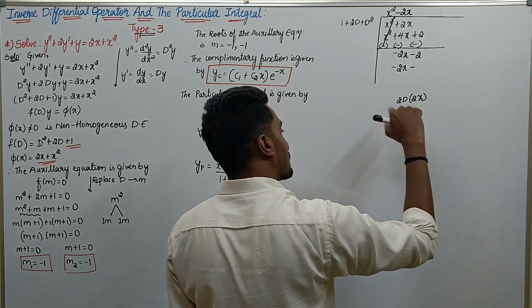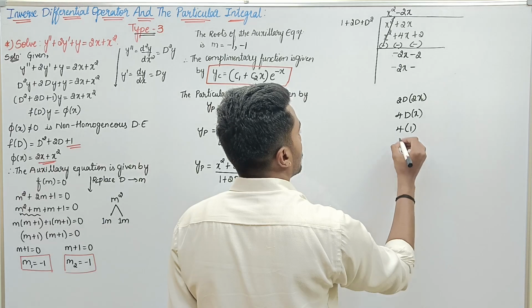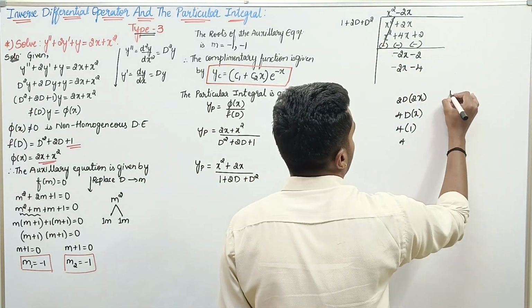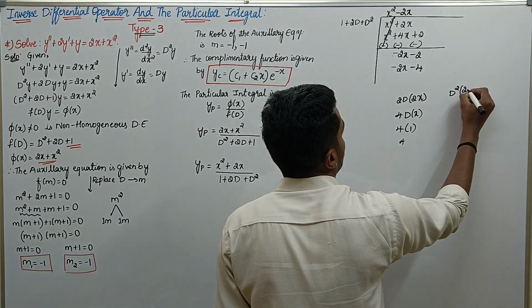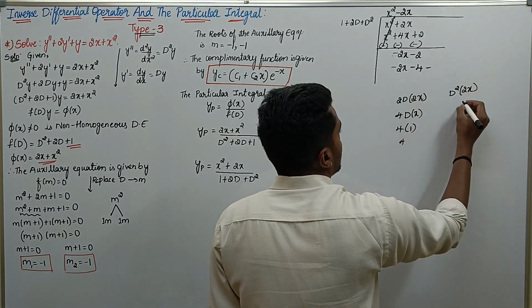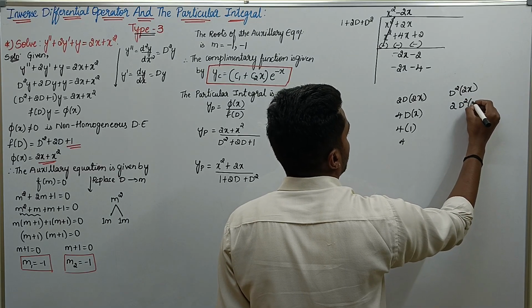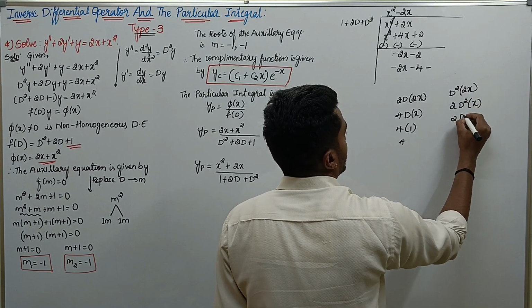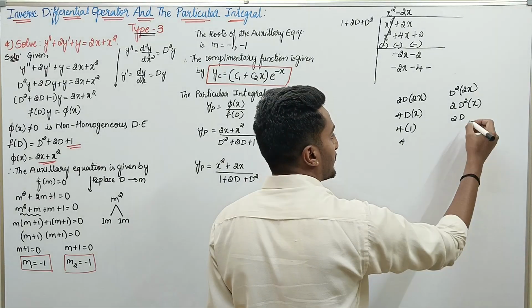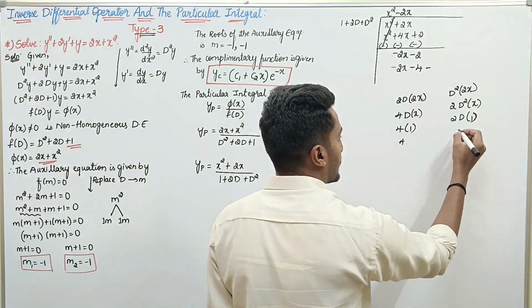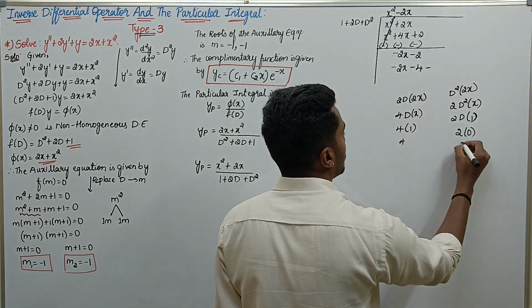Differentiation of x with respect to x is 1. 4 into 1, 4. Now I need to double differentiate, D square, with respect to 2x minus. 2 remains constant. D square of x: if I differentiate once, I get 1. If I differentiate 1 again with respect to x, I get 0. 2 into 0, 0.